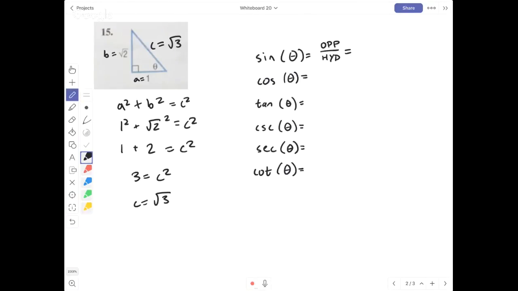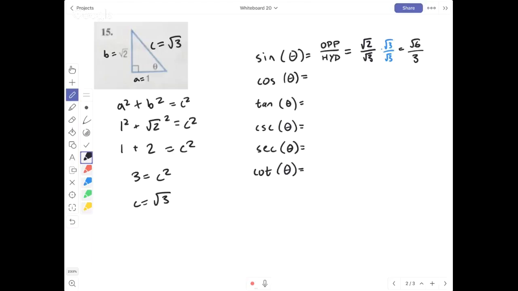Okay, so the ratio of the side opposite theta to the hypotenuse is root 2 over root 3, which, since I don't want to leave a radical in the denominator, I'm going to times by root 3 over root 3, which is going to equal root 6 over 3.